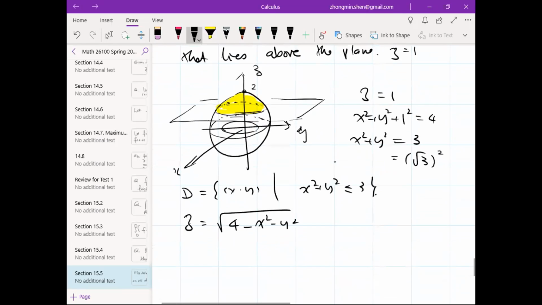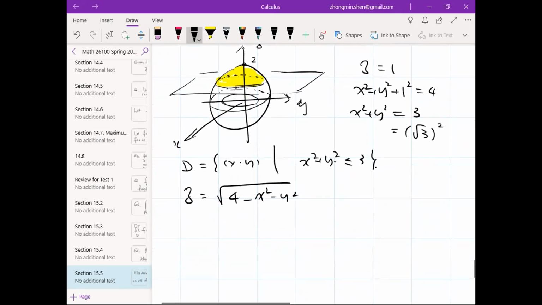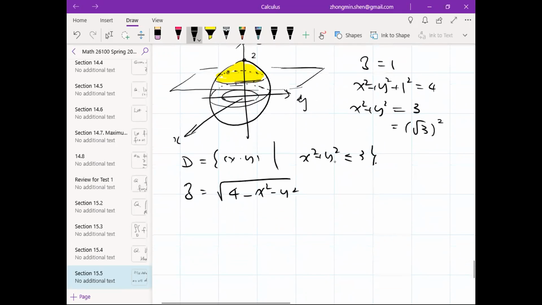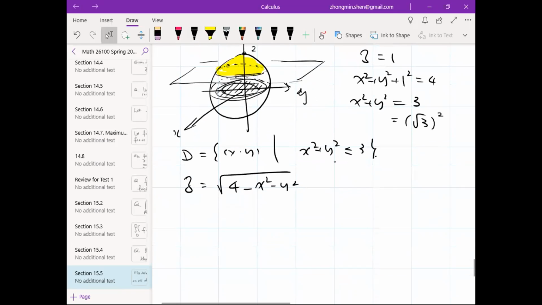Okay, clear? Then this D should be a little bit larger, right? This is D, the domain D. So this is my function f(x,y). First, maybe you write down the formula for the surface area.